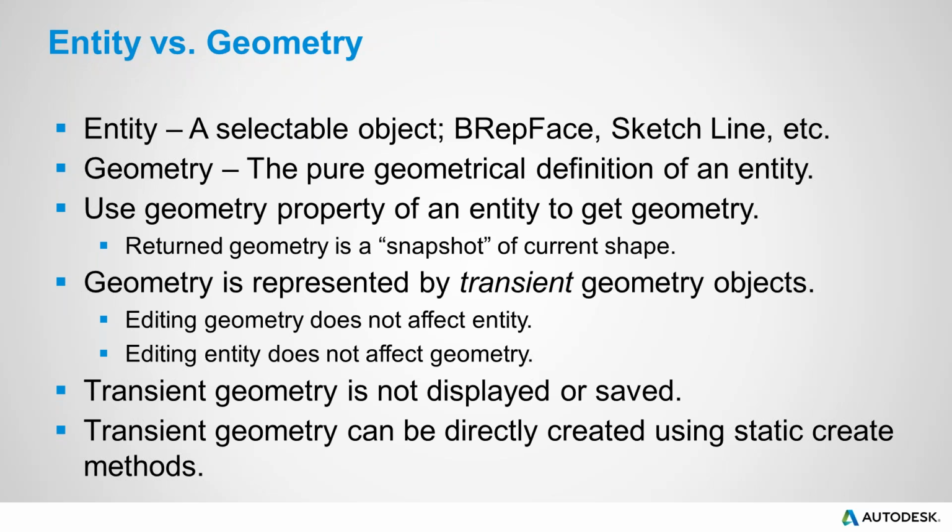That Point3D object doesn't represent a real point in Fusion. It's just a wrapper for the X, Y, and Z coordinates. Then I can pass that in to the add by two points sketch line method. I pass two of those in, and now Fusion creates a real sketch line using those two coordinates.